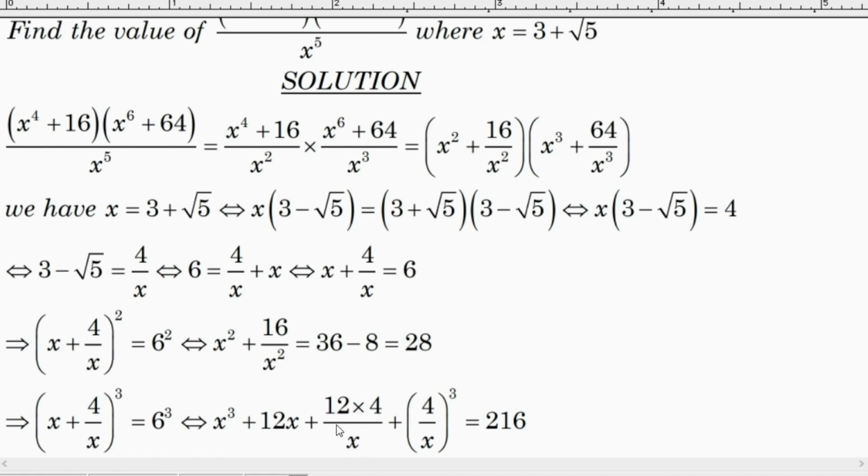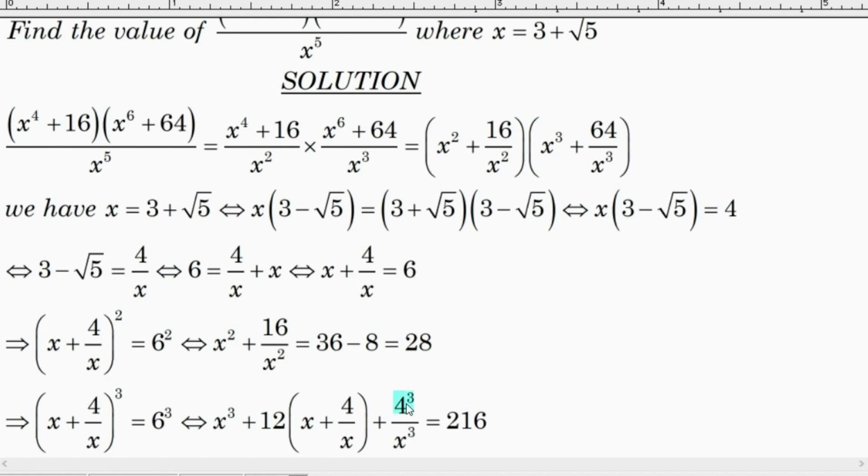So we can factor 12. So then that will be equal to, and then here factor 12. So that will be x plus 4 divided by x. Okay. Alright. So then we have here 4 cube and then x cube.